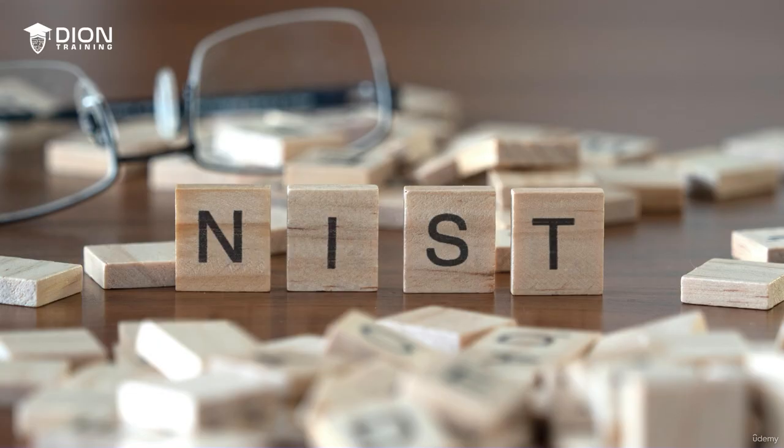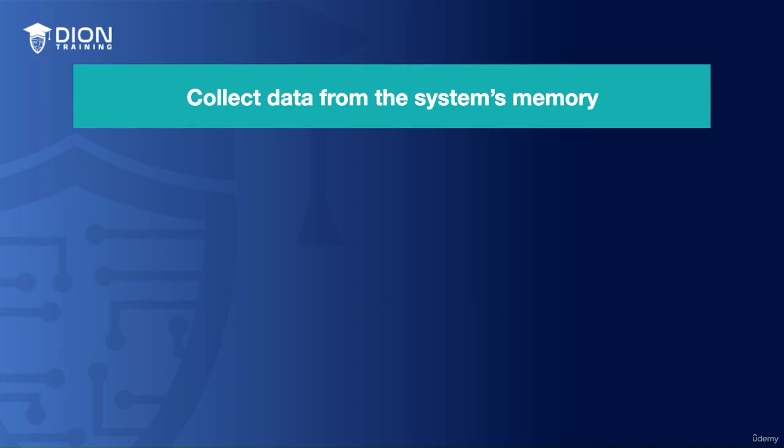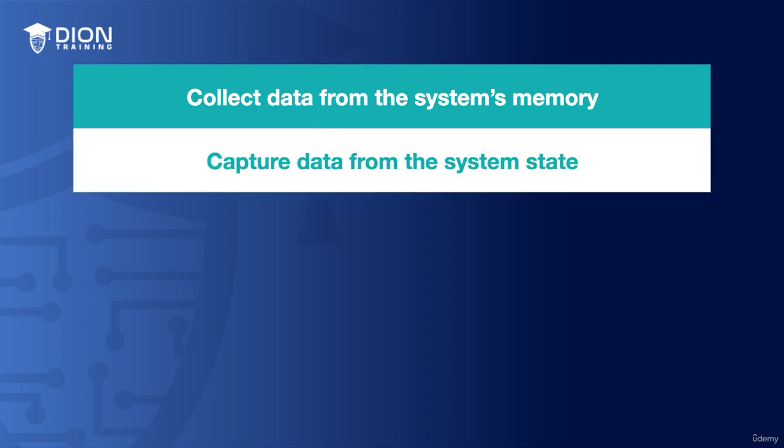Now, the typical order of volatility involves 5 main steps according to the NIST Special Publication 886. First, you must collect data from the system's memory, including the processor's cache and system's RAM. Second, we need to capture data from the system state, such as the system and network configurations, active user sessions, and any data that can be obtained without altering the state of the system.